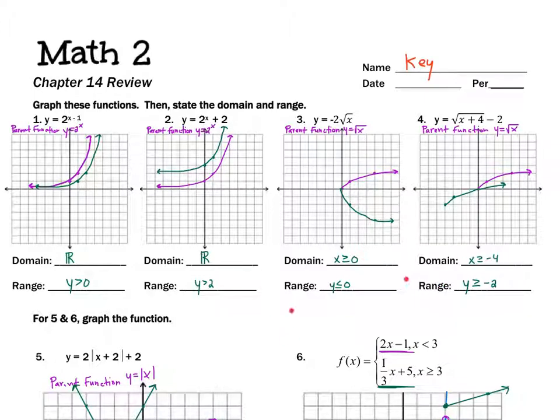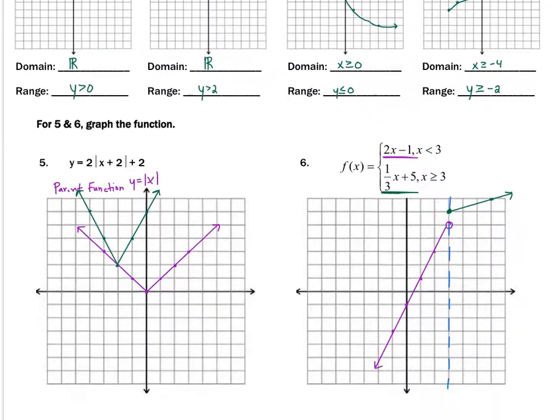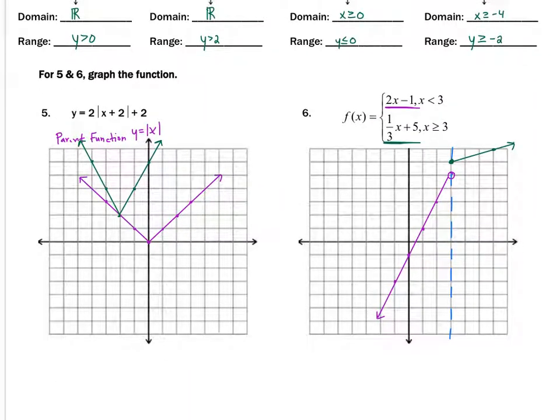All right, for number 5 here, this is an absolute value function. Our absolute value parent function, again, here in purple, is just y equals the absolute value of x. That starts at the origin. From there, if we plug in values, if x is equal to 1, the absolute value of 1 is also 1.